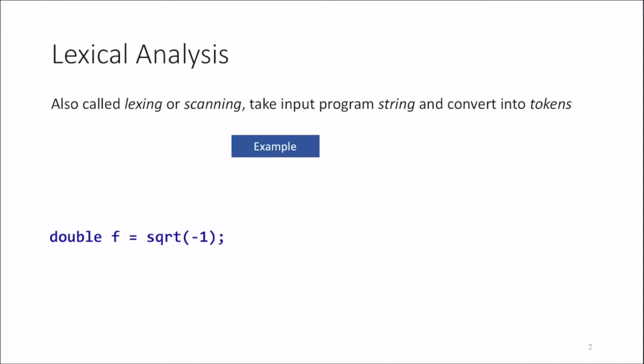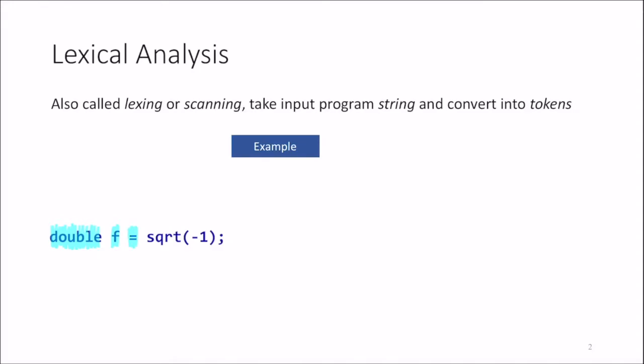So let's take a look at an example where I have this input string, which is like a fragment of a program. And the job of the lexical analysis is to identify double as being one of the reserved words in the programming language, and then identifying that this f is an identifier, a variable in this case.